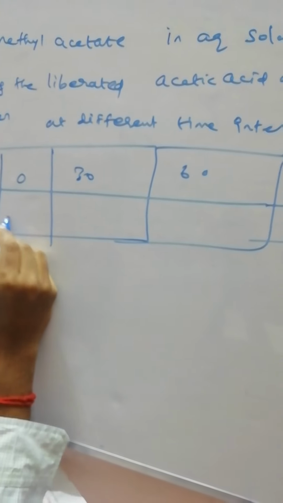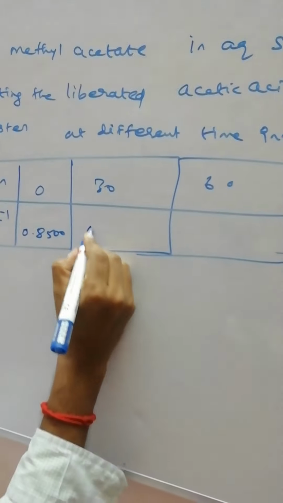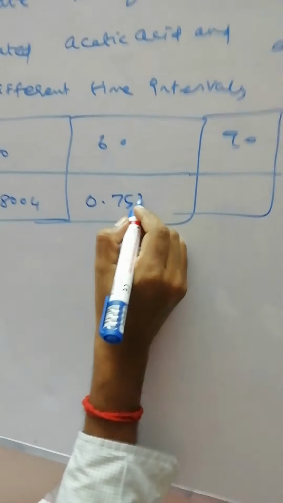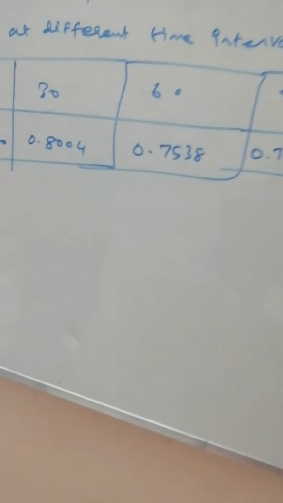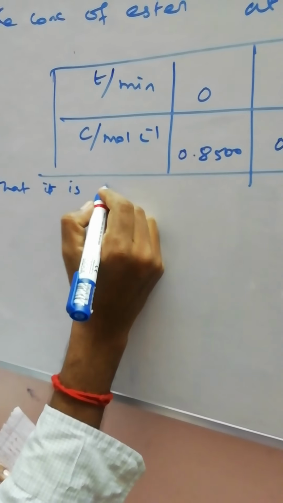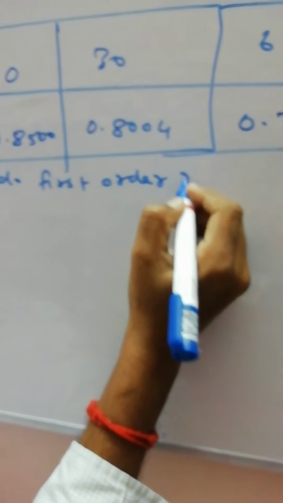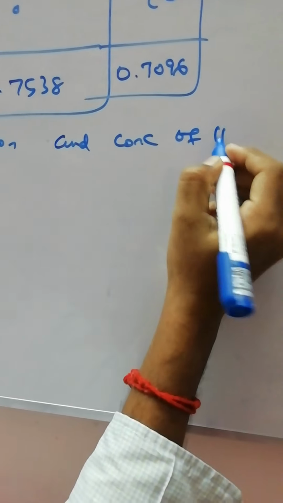At time 0, the initial concentration is 0.855 moles, then 0.800 moles, 0.7538 moles, 0.7096 moles. So it is a pseudo first order reaction, and the concentration of water remains constant.